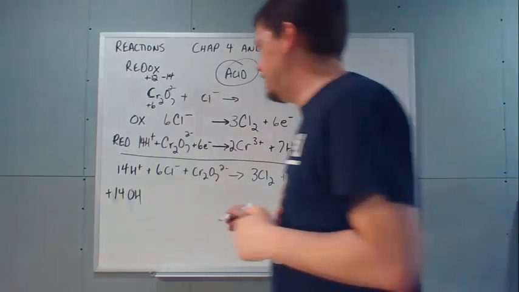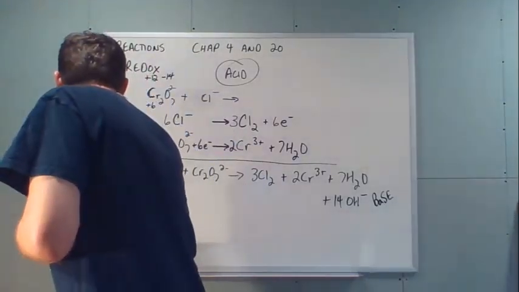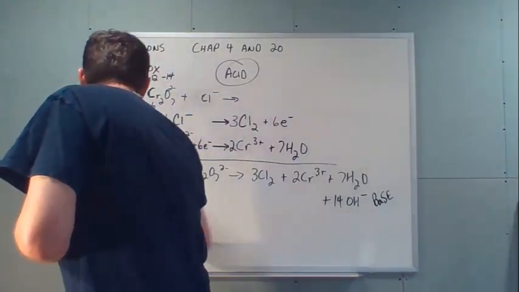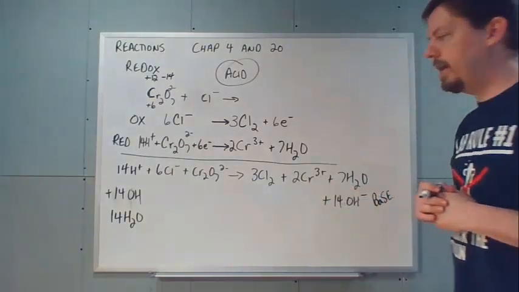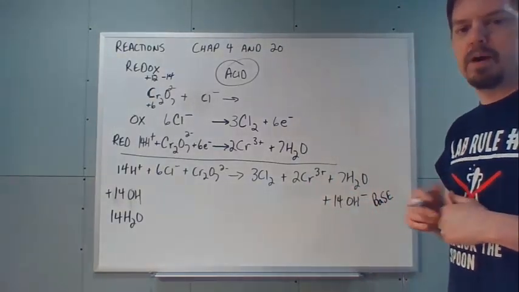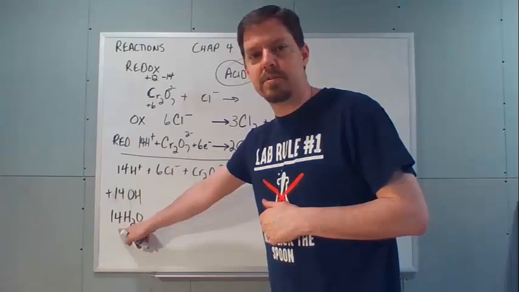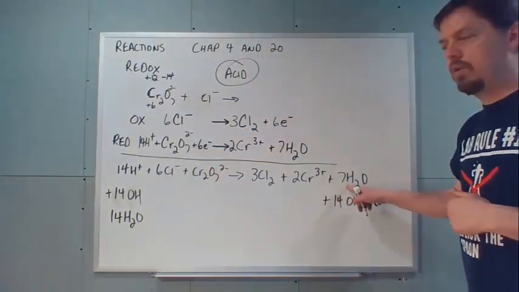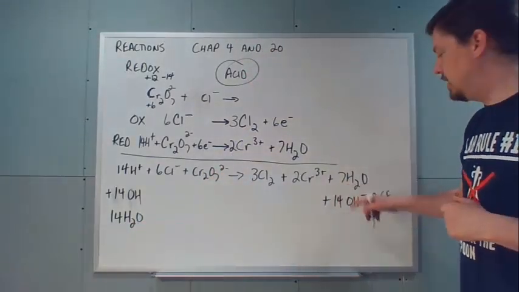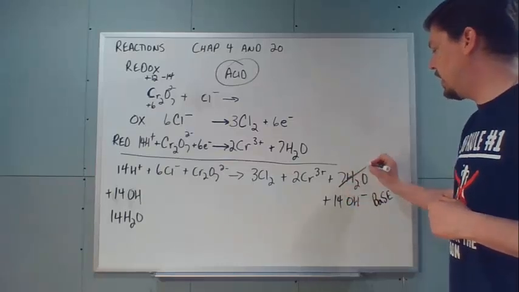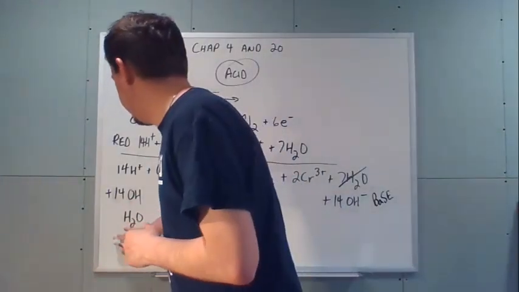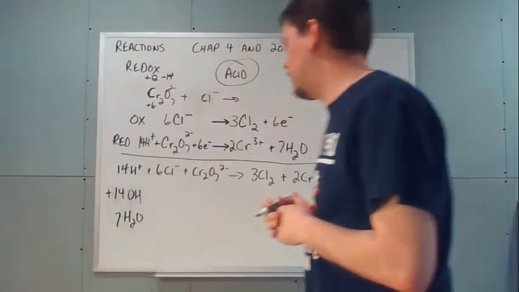Now, when I do that, this is going to make a total of 14 water molecules, which is fine, except I don't need 14 water molecules because I have 14 water molecules over here, and I have 7 over here. So since they're on opposite sides, those things can cancel right away. So what I'm really going to end up with here is just 7 water molecules.